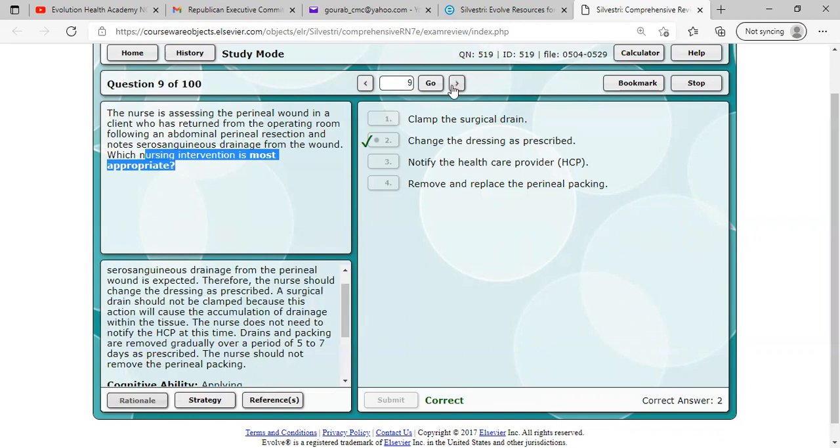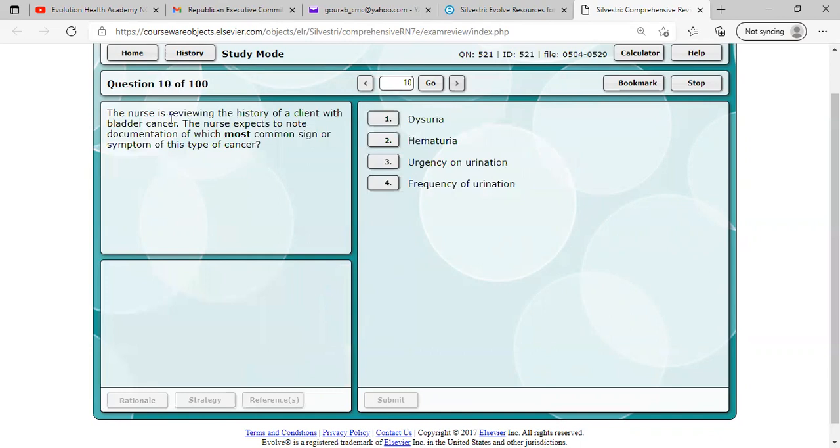Next question. The nurse is reviewing the history of a client with bladder cancer, right? The nurse is expected to note documentation of which is the most common sign or symptom related to bladder cancer.